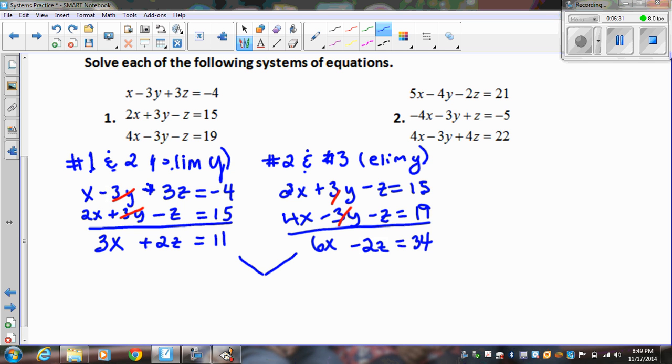So in this case, I just am going to take my 3x plus 2z equals 11 and the 6x minus 2z equals 34, and I'm going to combine them.